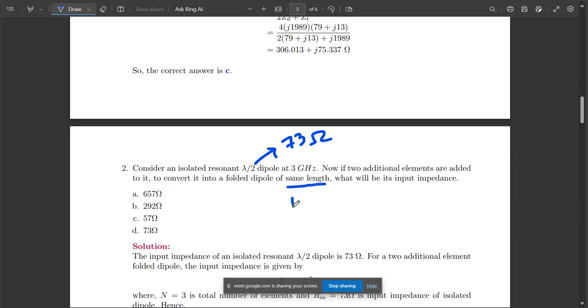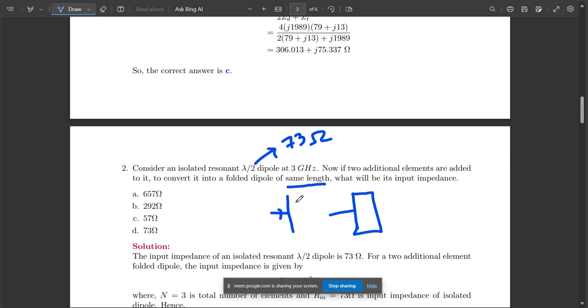So a half wave dipole antenna was something like this. Now the folded dipole is something like this, a dipole of the same length.